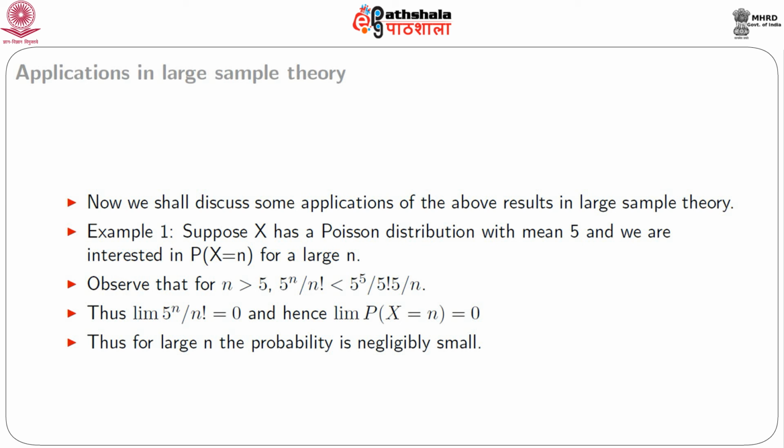Observe that for n greater than 5, 5 to the power n by n factorial is less than 5 to the power 5 by 5 factorial, or in some sense for n greater than 5, 5 to the power n by n factorial is bounded by some sequence which has limit 0. Therefore, the limit of 5 to the power n by n factorial equals 0, and hence we get that the limit of probability X equal to n is 0. Thus, for large n the probability is negligibly small.